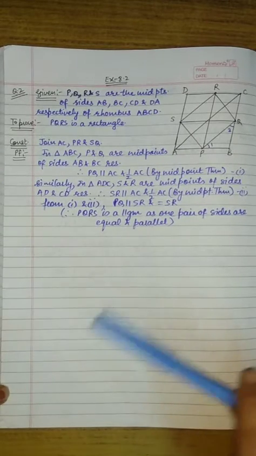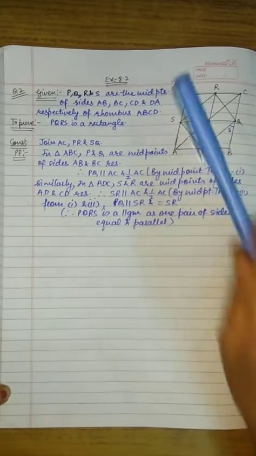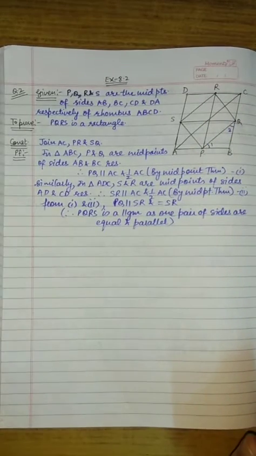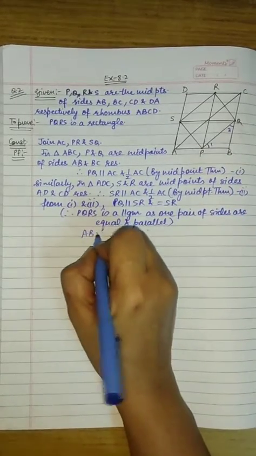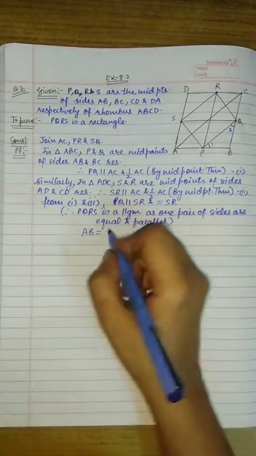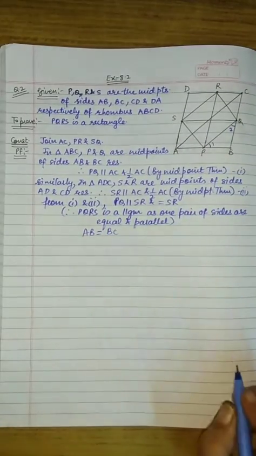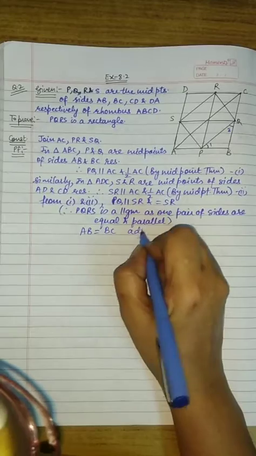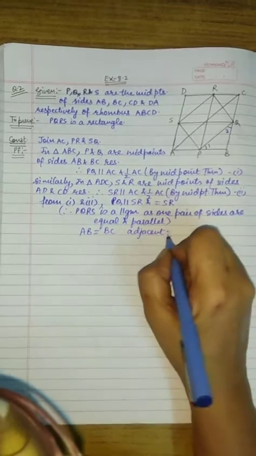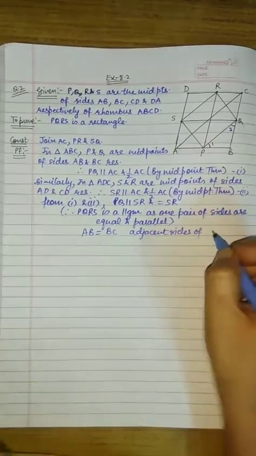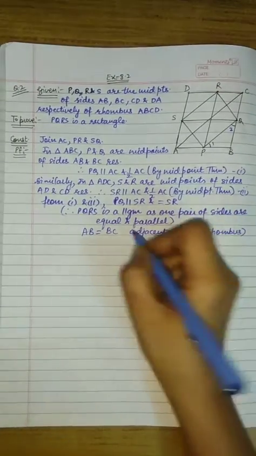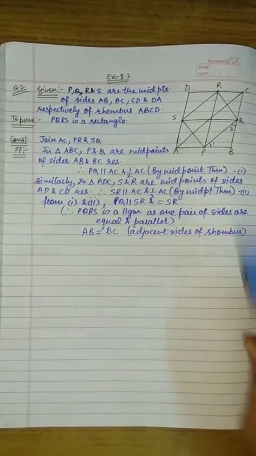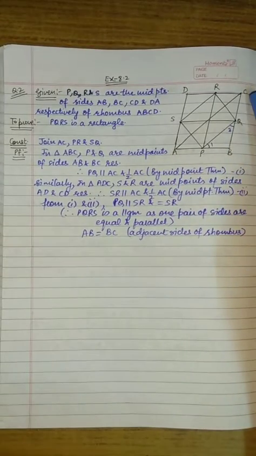As ABCD is a rhombus, all the four sides are equal. So adjacent sides of rhombus are also equal. So we can say AB is equal to BC.